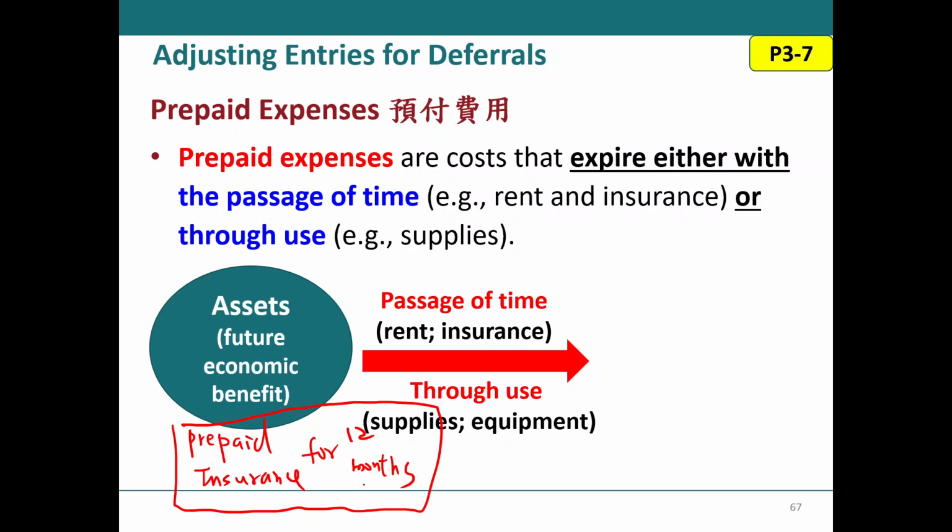After 1 month, you have insurance of only 11 months.